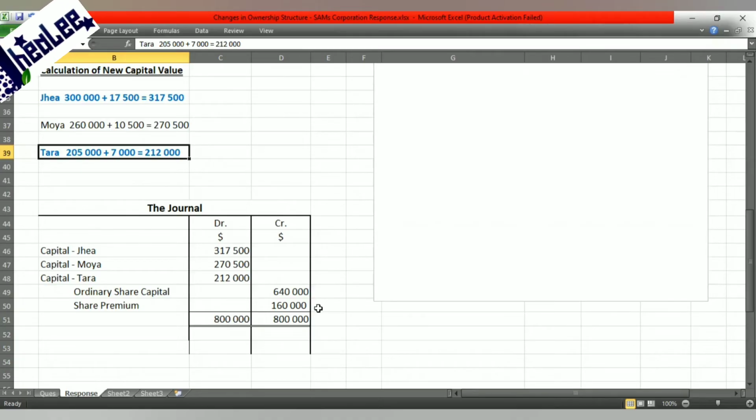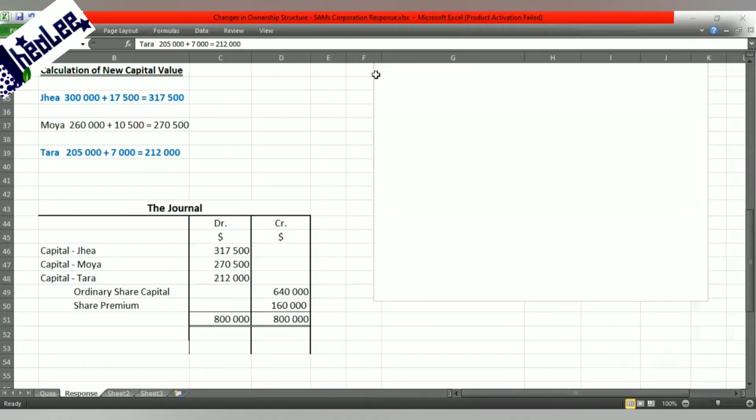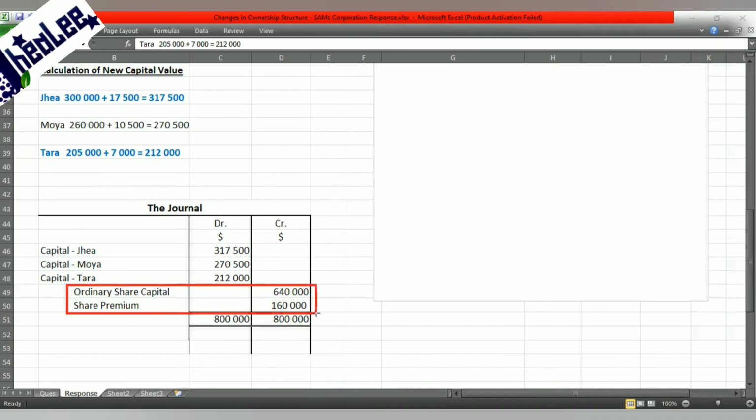You have that now. What you can then do is use the fair values from the question along with this information to prepare the opening balance sheet. So what we're pulling from what we have done earlier is the ordinary share capital and the share premium.